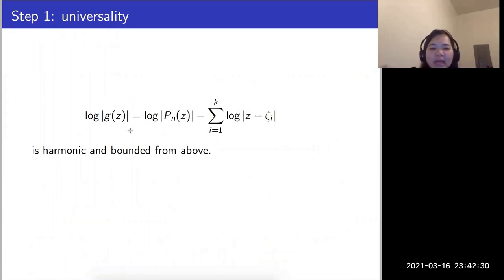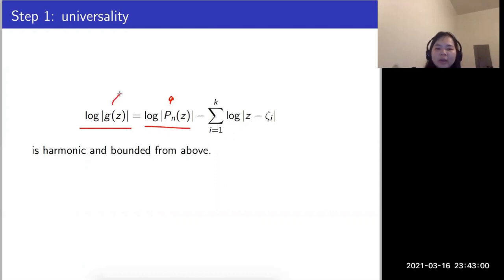So what we do here is we look at the polynomial P_n, take the log, and then subtract the roots inside the ball that we are looking at. Then we get the log of G_z. Now this one has no root inside the ball, and therefore it is a harmonic function. What else do we know? It is bounded from above, which we can easily control.